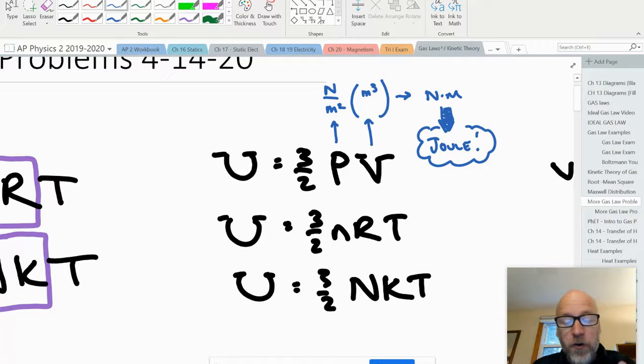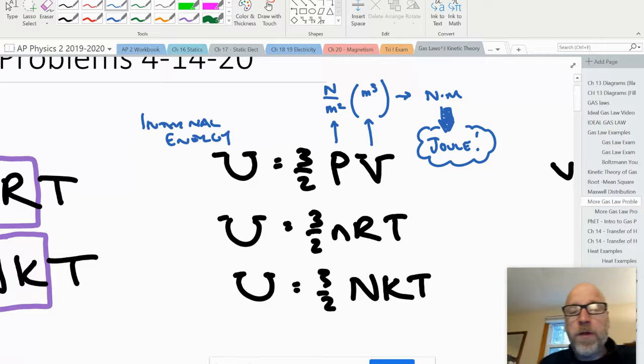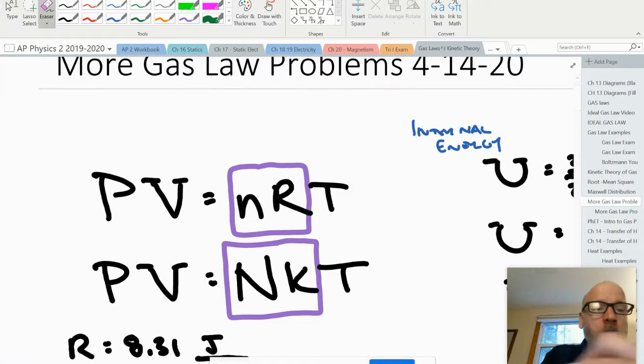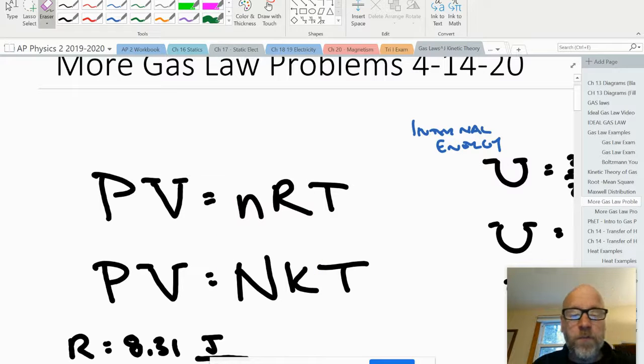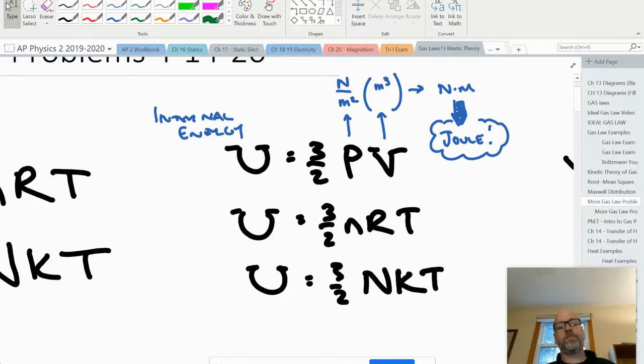Now, the internal energy of a gas, that's what U stands for, is going to be 3/2 PV. But since PV is equal to nRT, or PV equals capital N kT, I could also write it in this form.